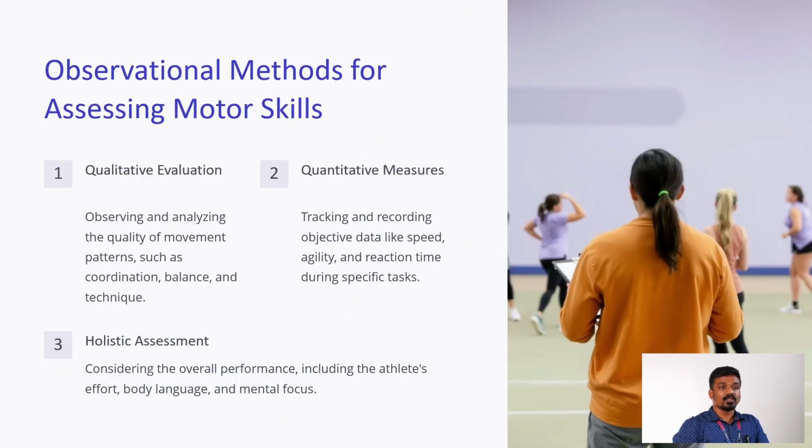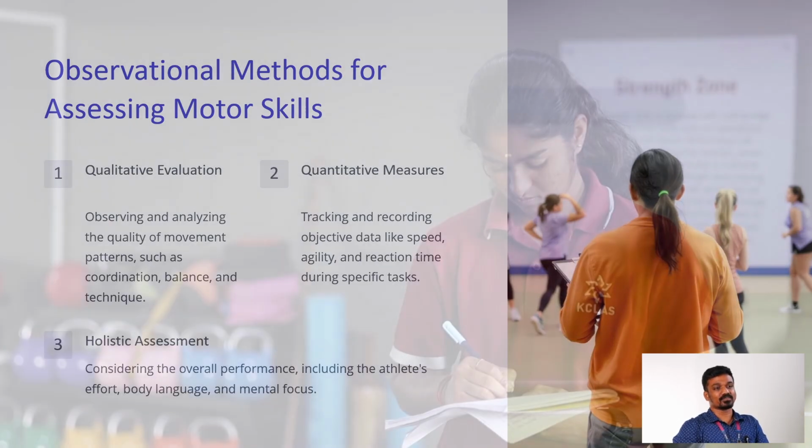The first is the observational method for assessing motor skills. The observational method is one of the most widely used techniques to evaluate motor skills, because it allows real-time analysis. There are several different types of observational methods. One such is qualitative evaluation.